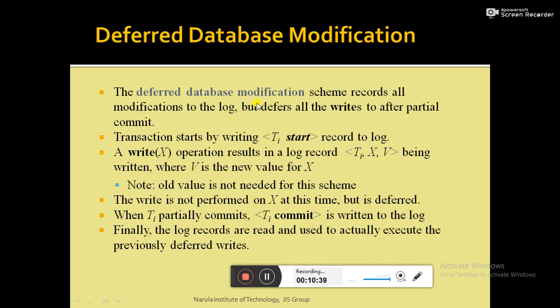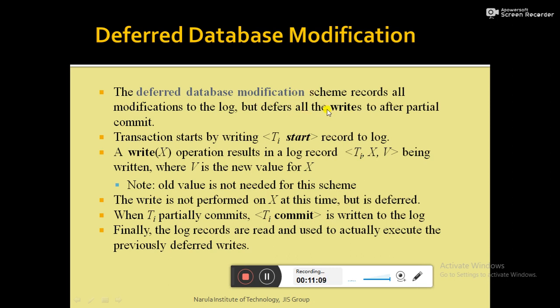Partially commits means once all the instructions of a transaction have been executed successfully, then we count it as a partial commit. So once the transaction enters into the partial commit, only then we perform the actual write operation, meaning we perform all the output to the database. It will be much clearer if we discuss it with an example in the next slide.